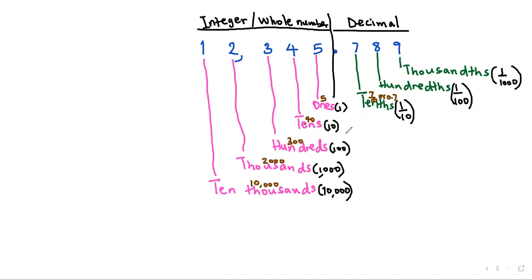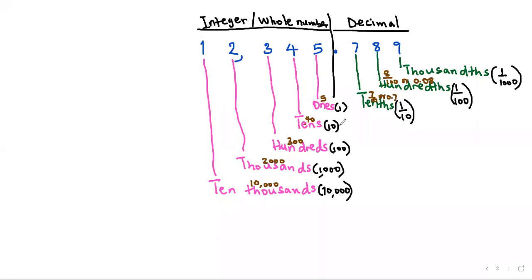Yes. Okay. The place value of 8 is hundredths or 1 out of 100. But the value is 8 out of 100. Or you can say 0.08. Is it okay? Okay.